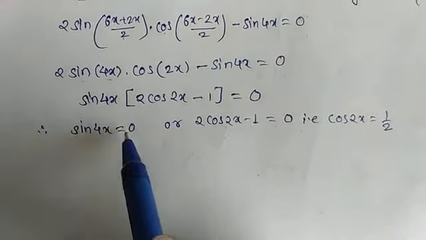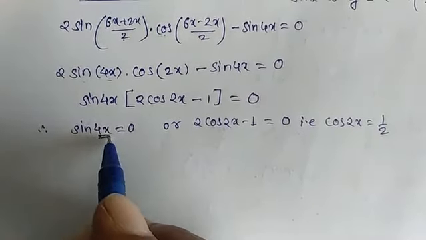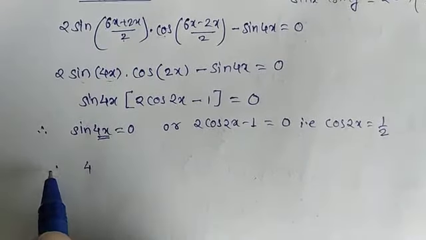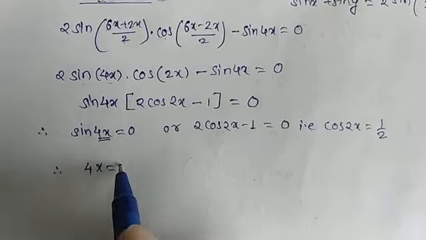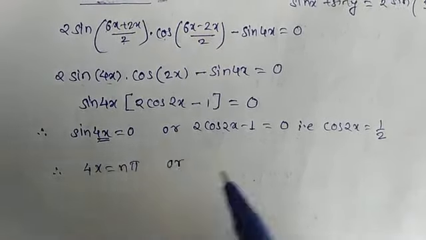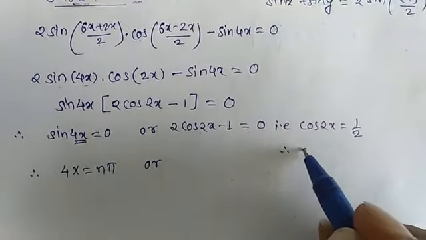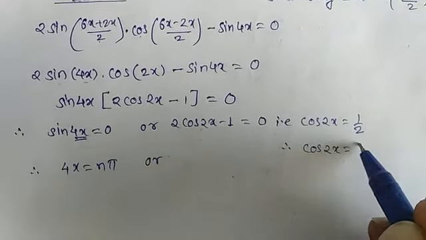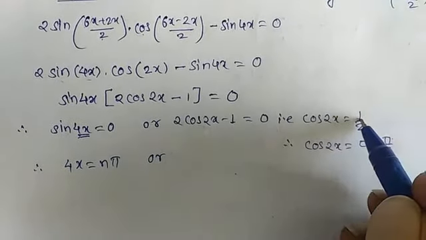Now sin 4x is equal to 0, which means 4x is equal to n pi. Or cos 2x is equal to 1/2, which can also be written as cos 2x is equal to cos of pi by 3, because cos pi by 3 is 1/2.